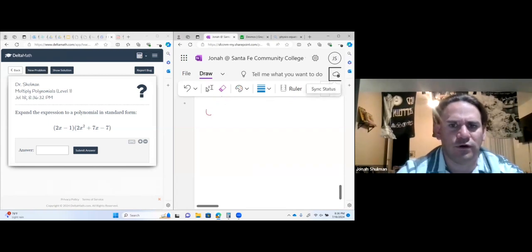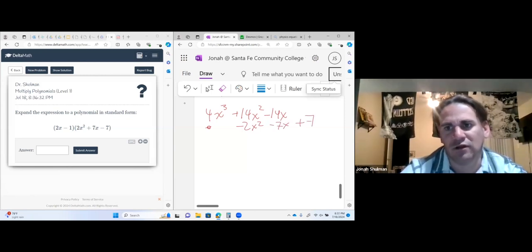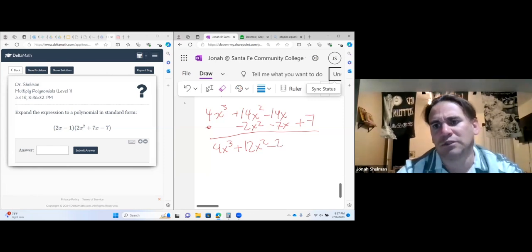So it's 4x to the 3rd plus 14x squared minus 14x, negative 2x squared. This is another way to do it. Negative 7x, positive 7 was the only mistake I made. So our answer is 4x cubed plus 12x squared minus 21x plus 7.